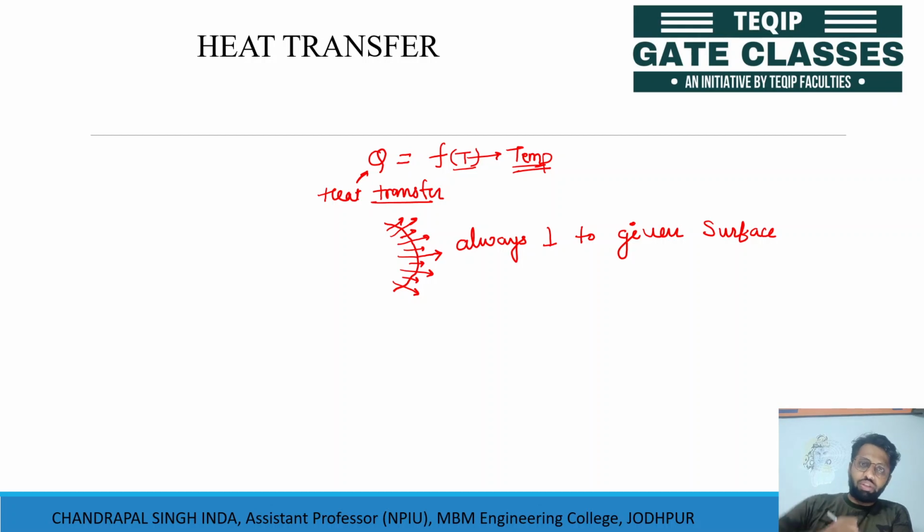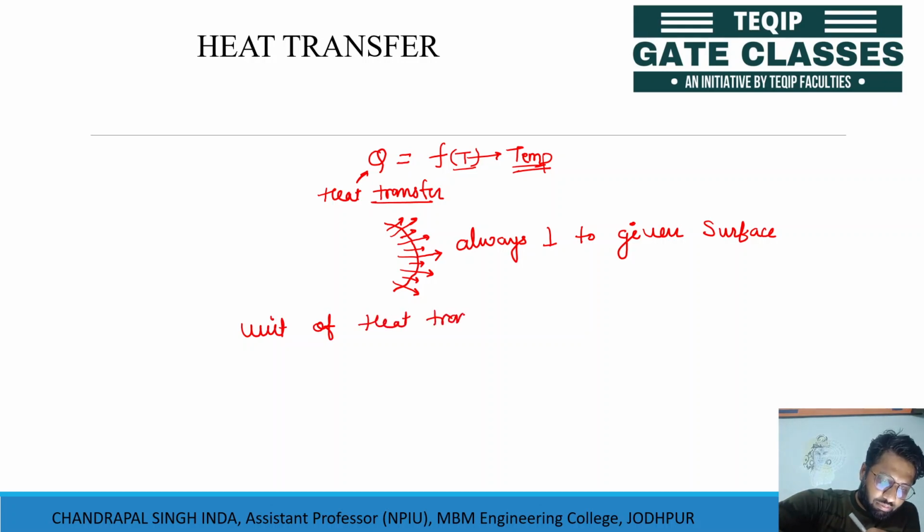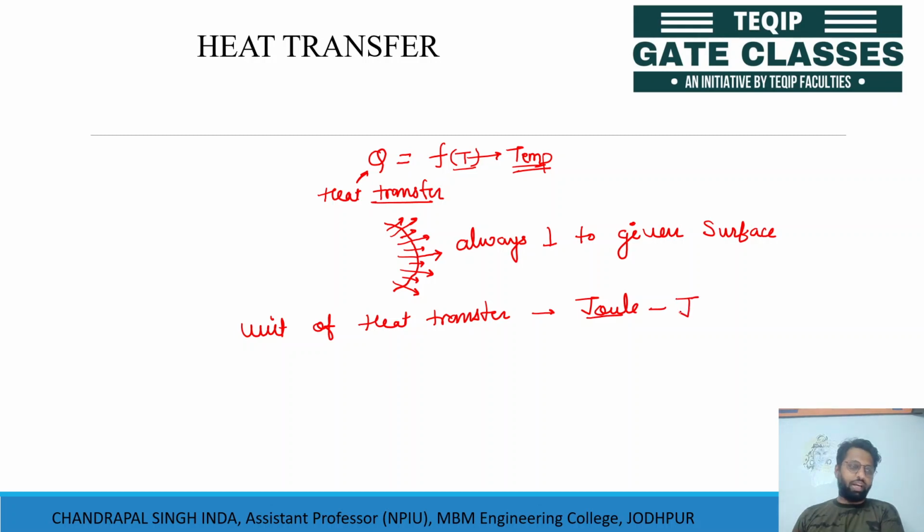The unit of heat transfer is joule, which is represented by capital J, and joule is also a unit of energy. So heat transfer is one form of energy.